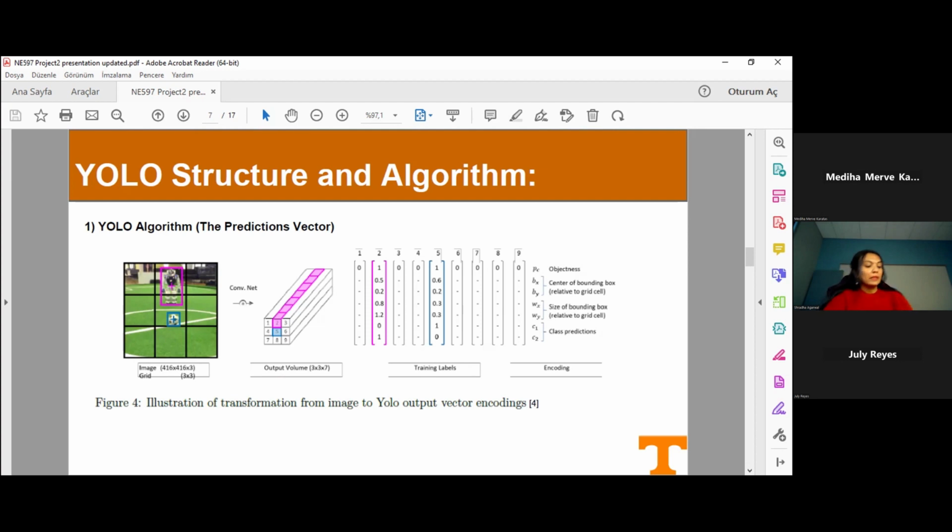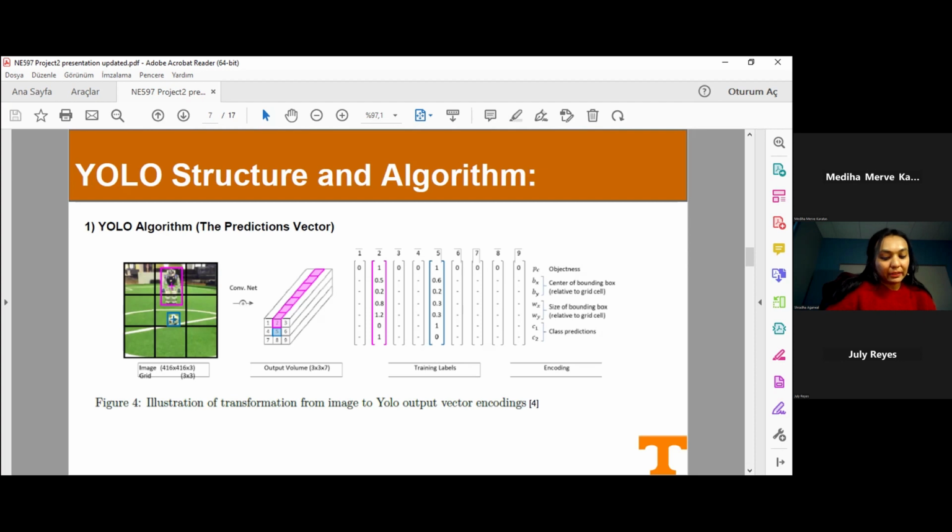Your point is that it sees the image, divides it into the grid, and for each grid it gives you an objectness score. For example, in the center grid there is a football, so in that grid it gives an objectness score of 1 because it's sure that there is an object.